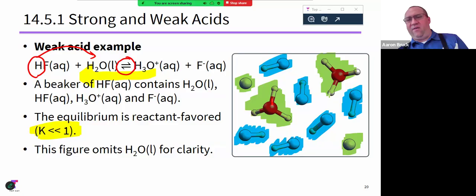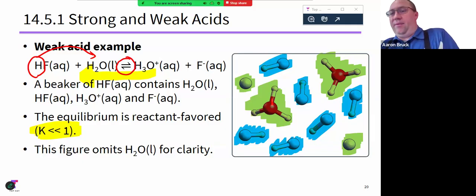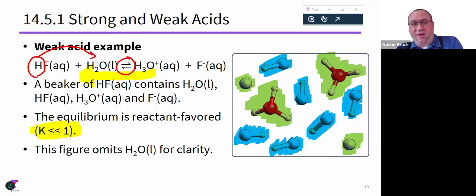The majority of the hydrogen fluoride molecules have stayed as hydrogen fluoride. Only a couple of them have broken down into ions and formed those acid-base reactions.